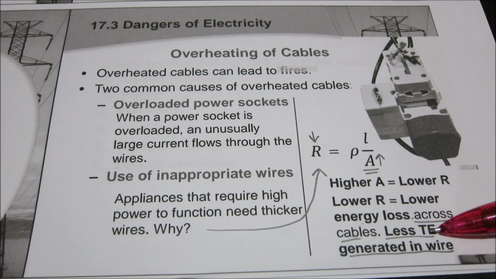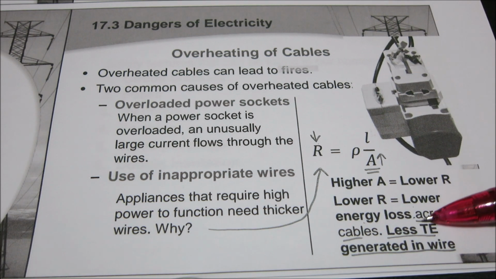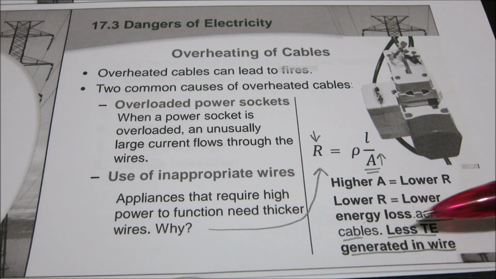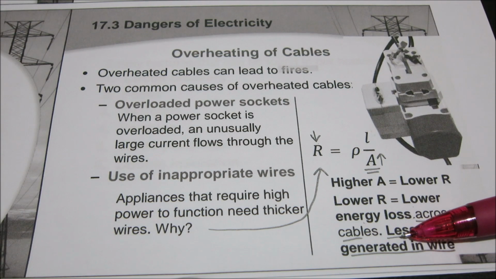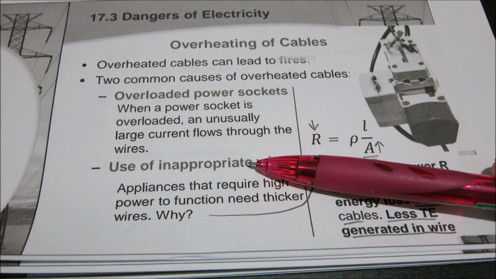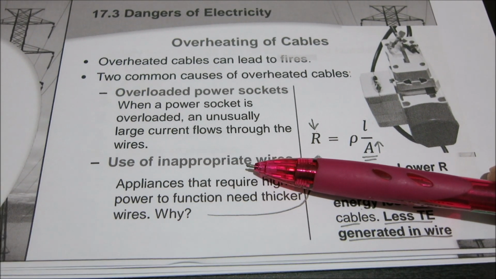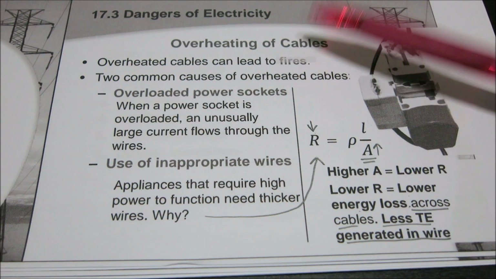So that's why you don't see very thin wires powering high electrical consumption appliances such as the fridge, because then you have quite a bit of thermal energy generated in the wire that is supplying, and that will heat up and that may cause a fire. So these two, overloaded power sockets and use of inappropriate wire dimensions, can cause overheating of cables, which will result in fires.